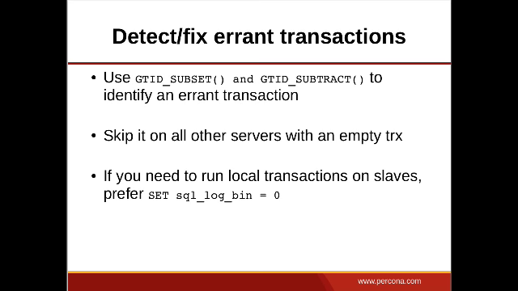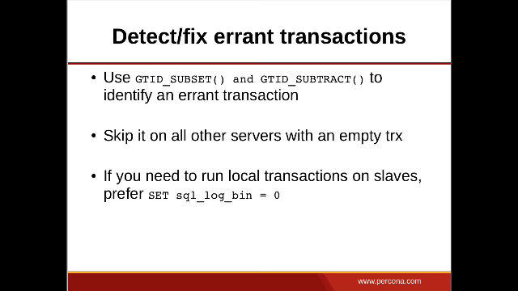If you find an errant transaction, what you'll have to do is skip it on all the servers with an empty transaction. And if you need to run a local transaction on the slave, probably the best option is to use SET SQL_LOG_BIN=0 to make sure that the transaction will not be tracked in the bin logs, and so that it will not generate a GTID.